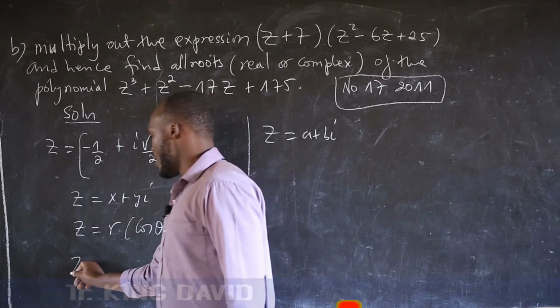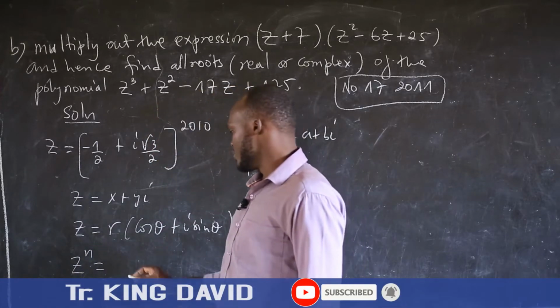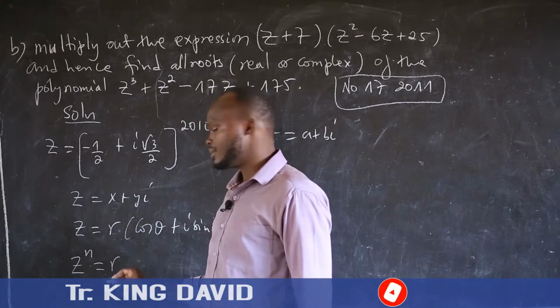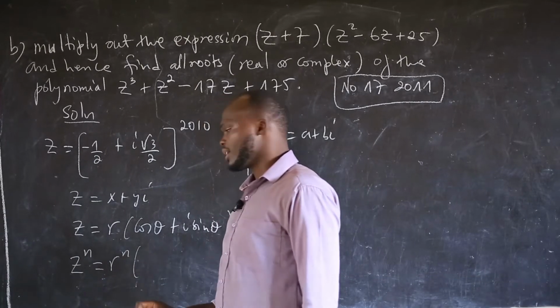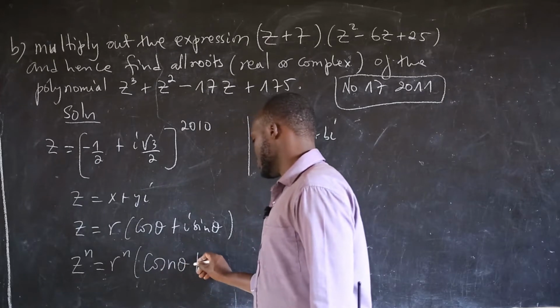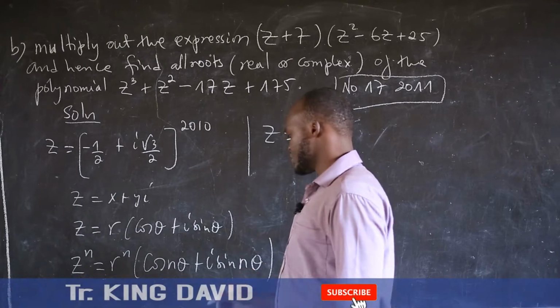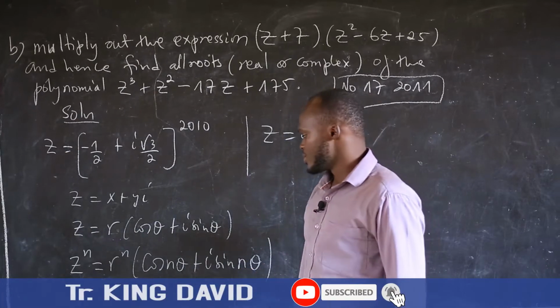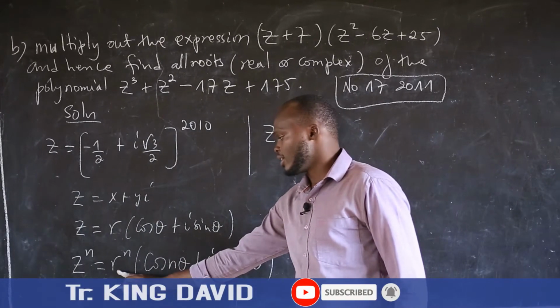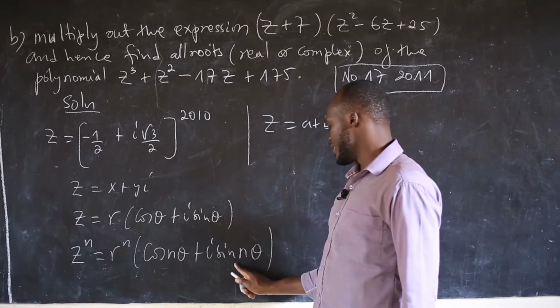Then what is z power n? By using De Moivre's theorem, it is r power n into bracket cos n angle plus i sine n angle. So z power n is equal to r power n cos n angle plus i sine n angle.